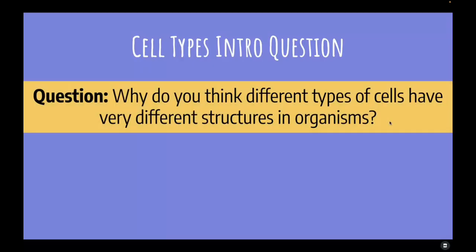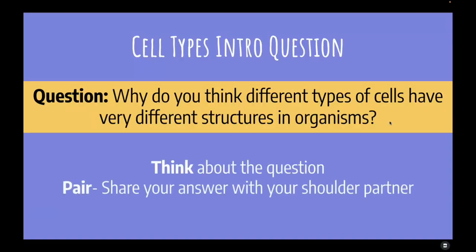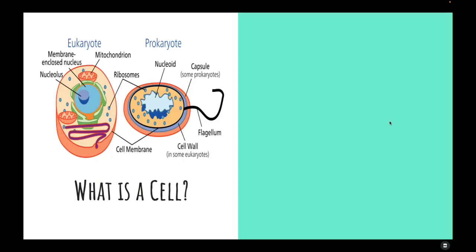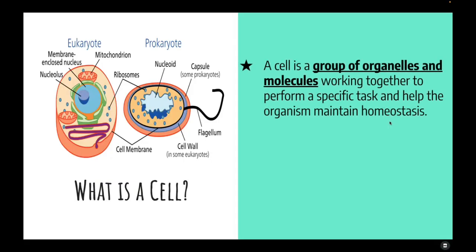And so I want you to think to yourself, why do you think different types of cells have very different structures in organisms? Think about the question and share what you're thinking with someone near you. And so what is a cell? A cell is a group of organelles and molecules working together to perform a specific task and help the organism maintain homeostasis, right?